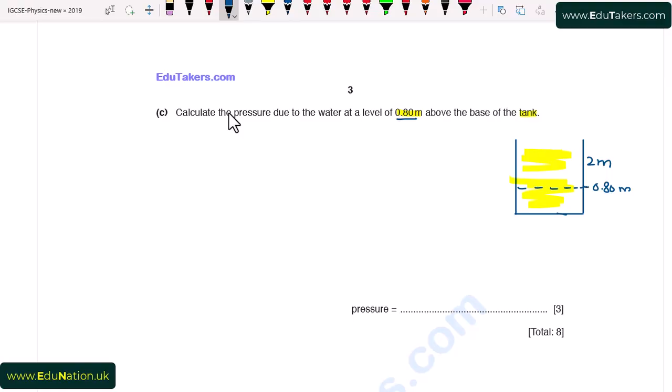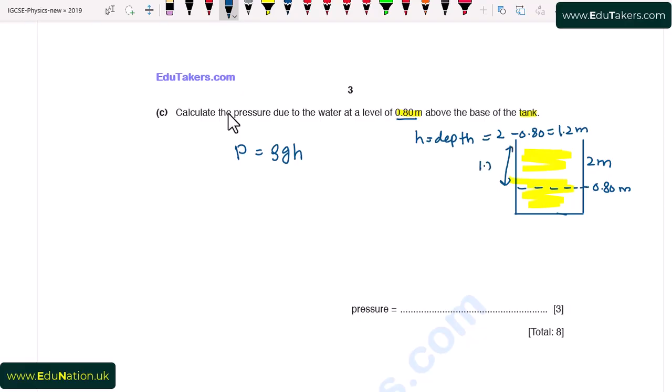So the pressure P is equal to the product of density, acceleration due to gravity and height. This height, that is the depth of the water level, I write here H is the depth of water level, and it will be equal to 2 meter minus 0.80, so that it is 1.2 meter. This depth is actually from the surface to this point.